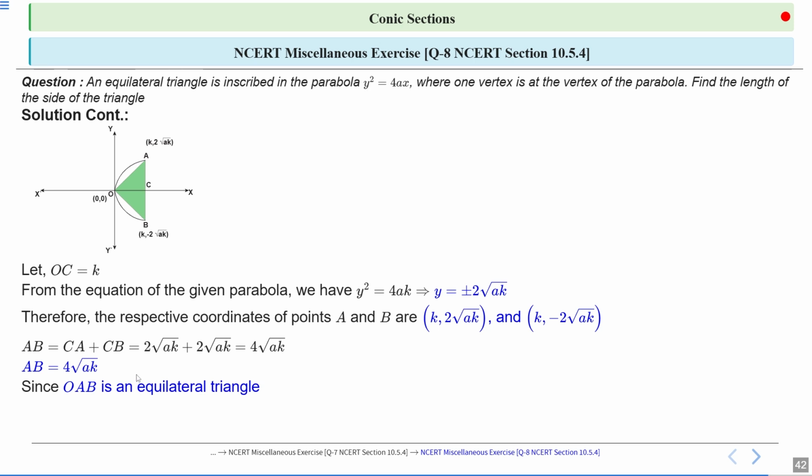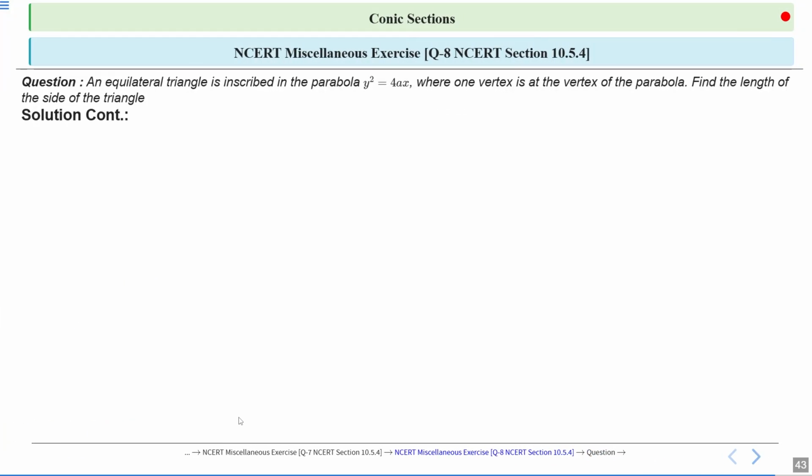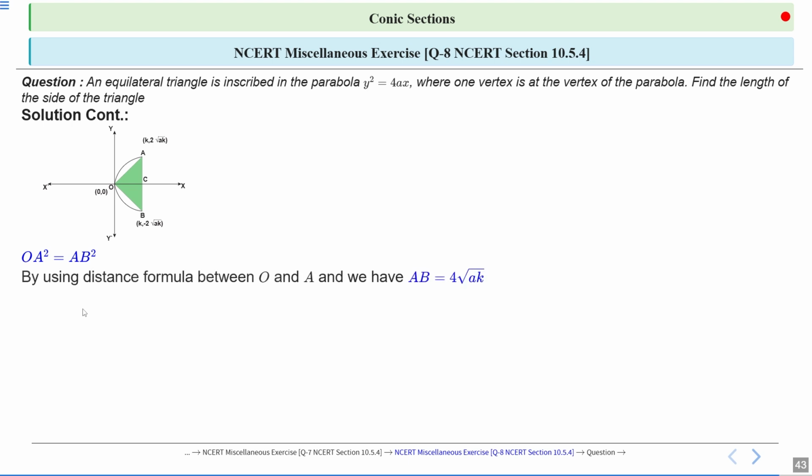Since OAB is an equilateral triangle, OA square is equal to AB square.